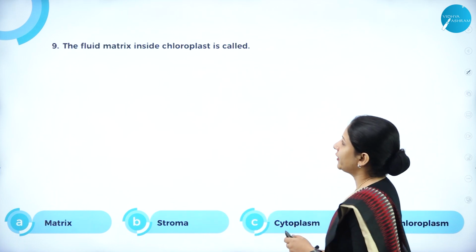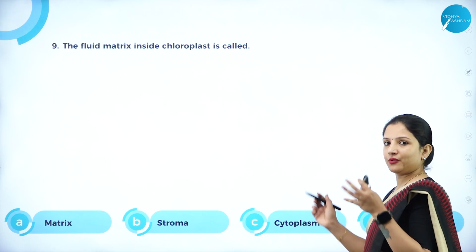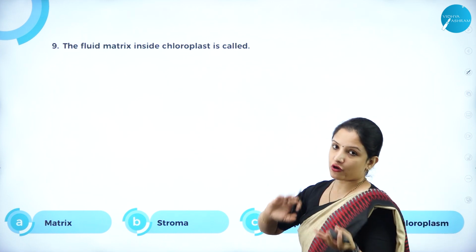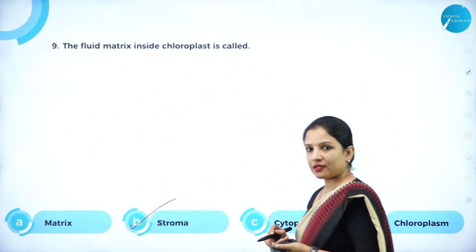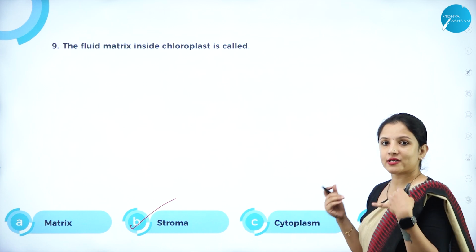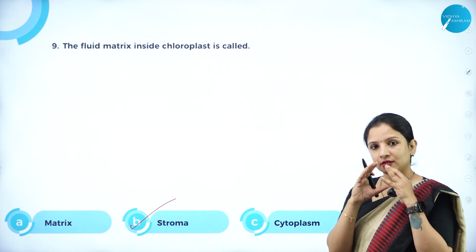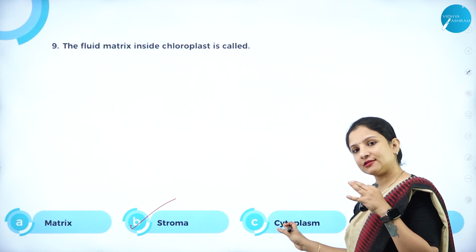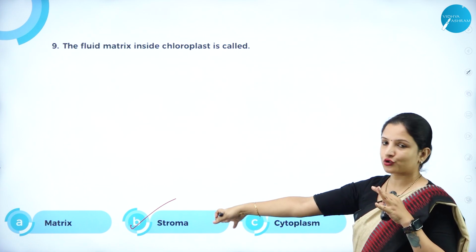Next. The fluid matrix inside chloroplast is called what? Matrix we call it in mitochondria. But in chloroplast, we call it stroma. The fluid matrix present inside the cell altogether, we call cytoplasm. In the cytoplasm, there is chloroplast. Inside the chloroplast, there is stroma.